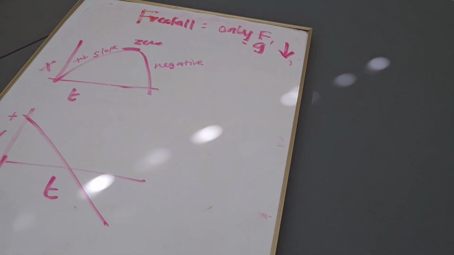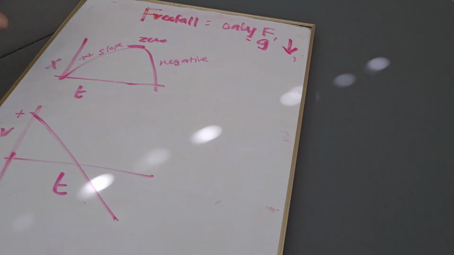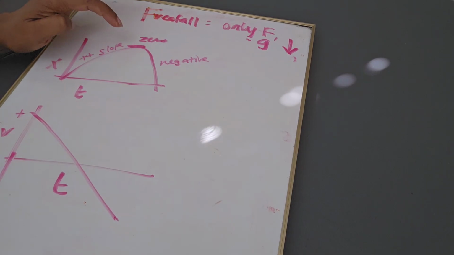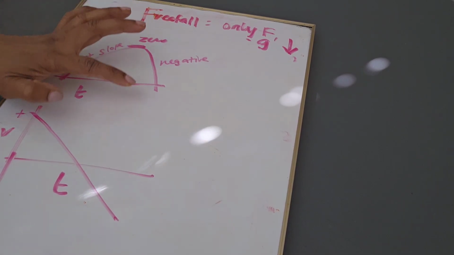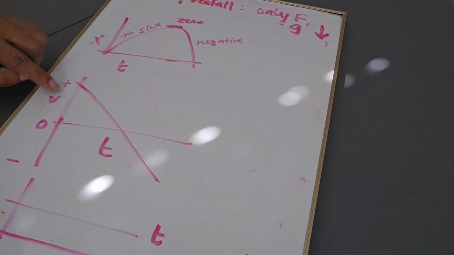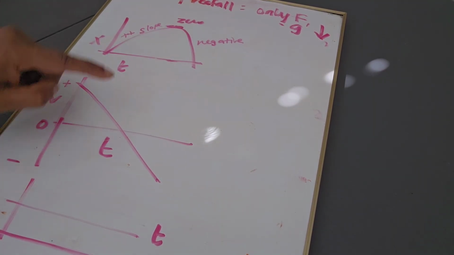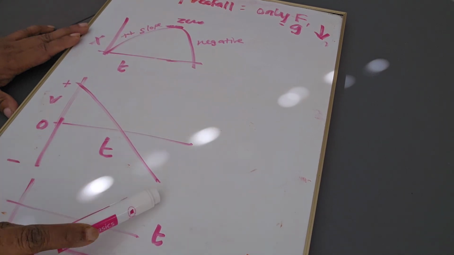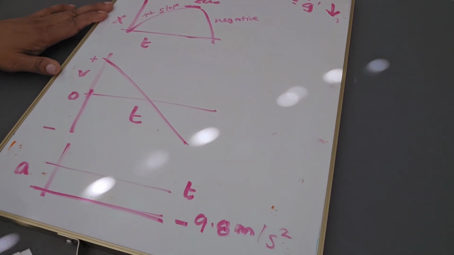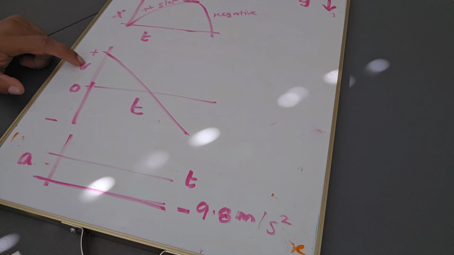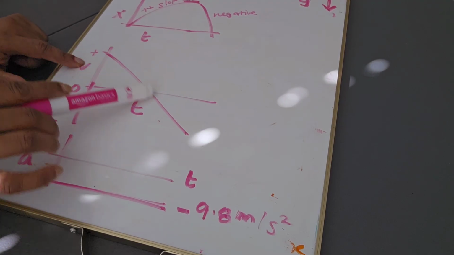Okay, so if I'm drawing the motion graphs for that, in an x-t graph it goes in the positive direction, changes and comes back. In the v-t graph, look at this piece: it's positive and reaching zero, and then it's negative and going on the negative side. Also keep in mind, the slope of the v-t graph is your acceleration. Do you see it's a negative slope?